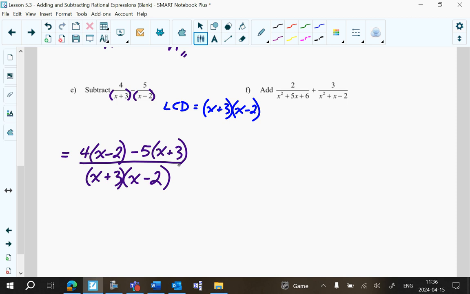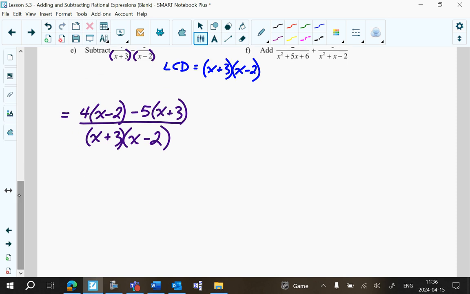Now we want to simplify the top as much as possible. But remember, leave the bottom in factored form. Leave it as a multiplication, because if we need to reduce, we'd have to factor them anyway. But let's simplify the top. 4 times x minus 2, 4x minus 8.